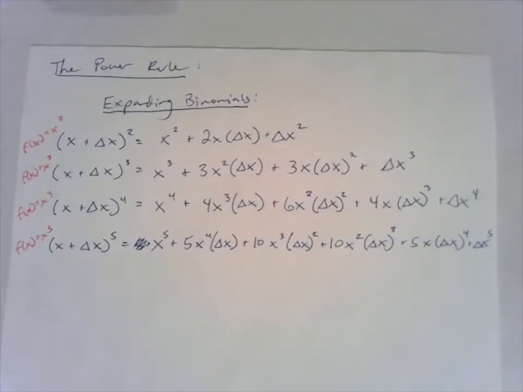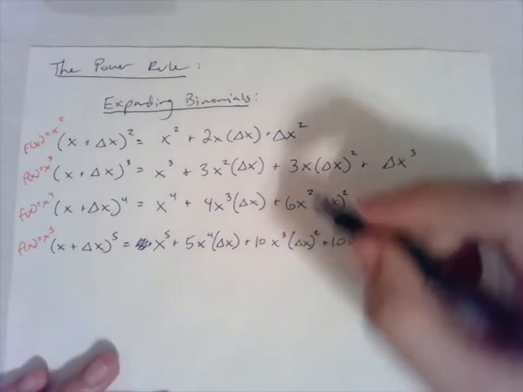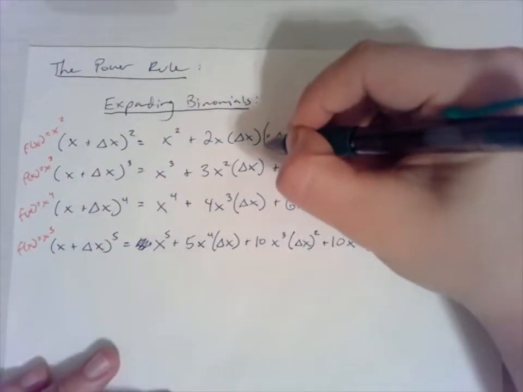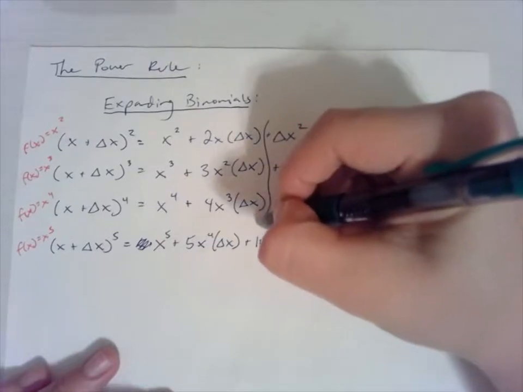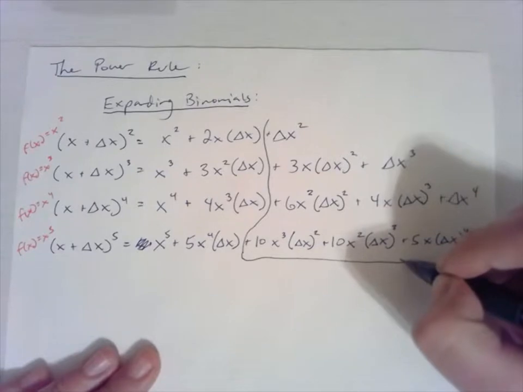Okay, that being said, let's talk about what's happening here with this binomial expansion. Let's take a look. I'm going to draw a line through all of this, and some arrows.